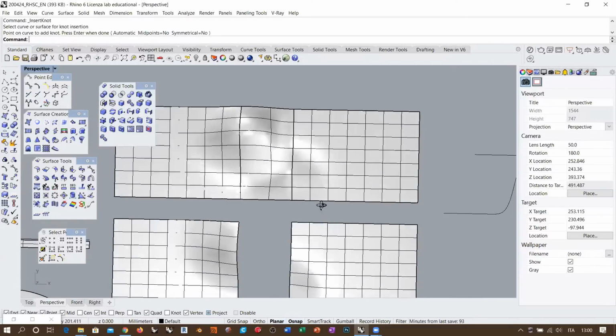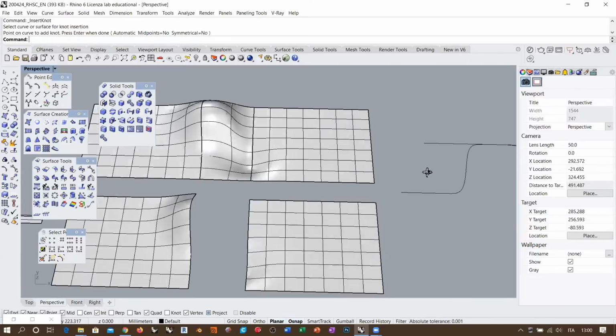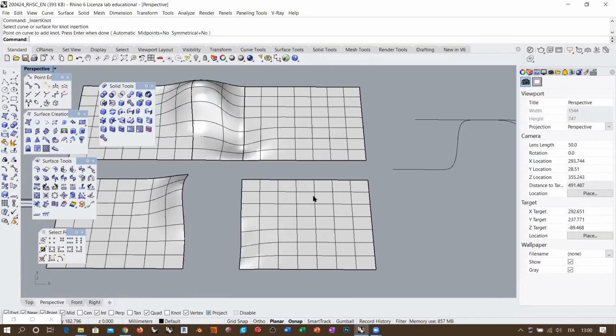So if you think about this in terms of surfaces, it means that you have no topological control over a degree 9 surface. The amount of control points that you will need on a degree 9 surface to produce some kind of control like this should be huge and basically uncontrollable.